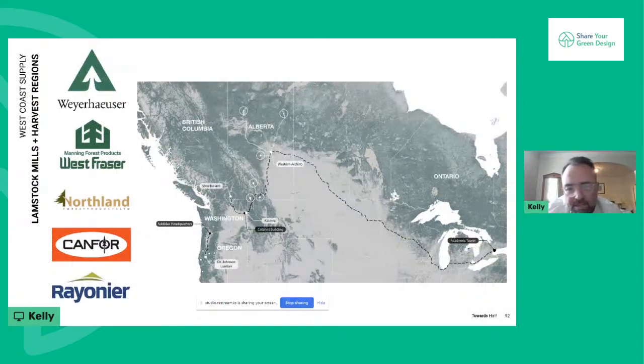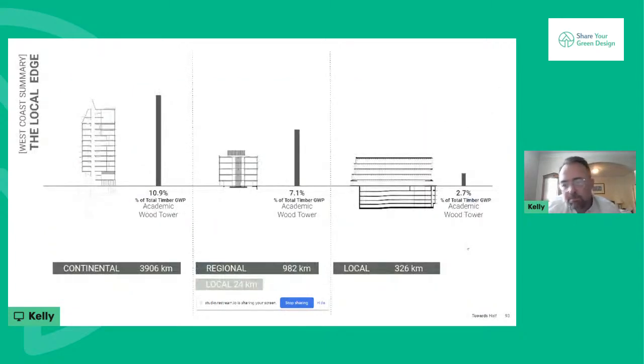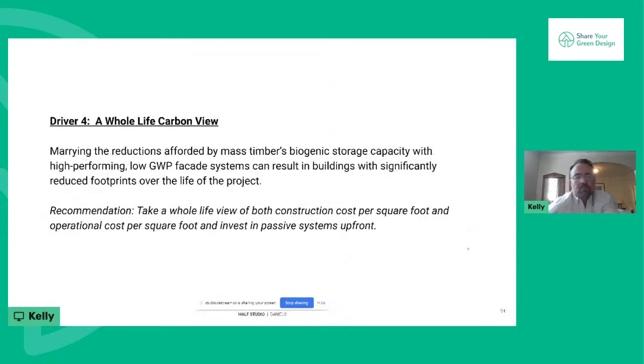Thinking about the various supply chain hands this goes through, like who's cutting the wood, who's drying it, who's putting the assembly together, there are a lot of stages, and that wood's moving around between these facilities, mostly by truck, and that adds up. So of the wood's own embodied carbon, you can see that geography really drove the difference between these projects based on whether it was continentally, regionally, or locally sourced.